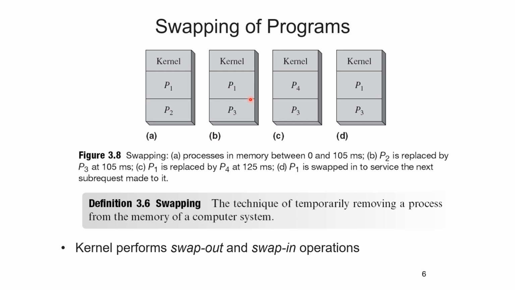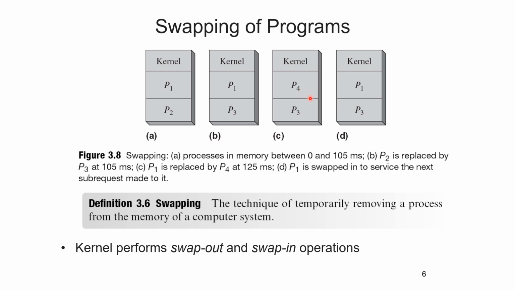Okay, for example, here P2 will not be scheduled in the nearby future, so P2 will be removed from the memory, and in that particular place P3 will be loaded. Okay, similarly again after executing this, P4 is required. So in these two programs, P1 will not be scheduled in the nearby future, so P1 will be removed, and in that place P4 will be loaded.